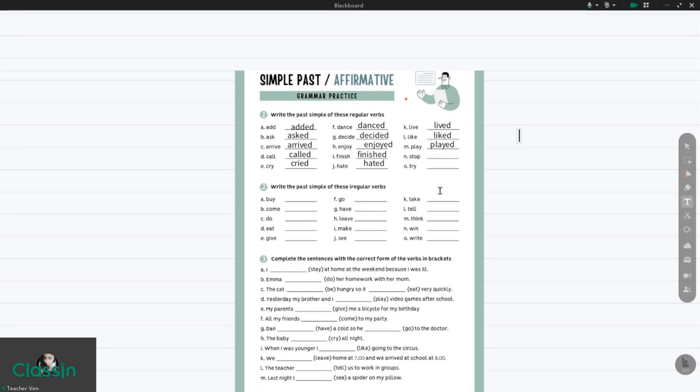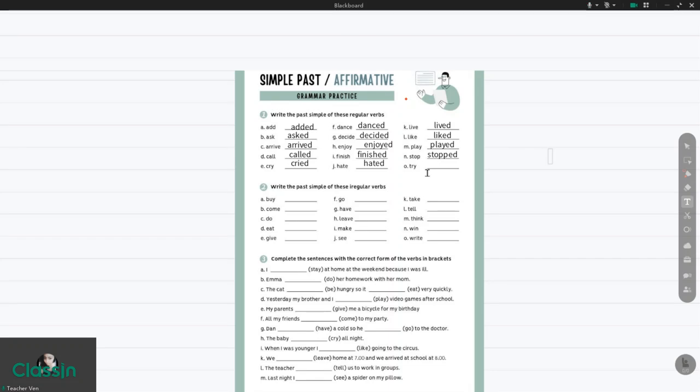Okay. Stop. What is the simple past tense of stop? Okay, for this one, it's going to be stopped. It's double p, p, p, e, and then d. Okay, let's move it a little. All right, very good.